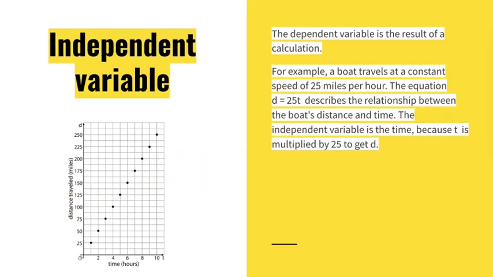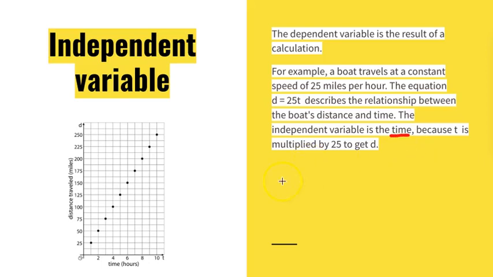And then remember, an independent variable is the thing that is going to change, but it's the thing that's going to make everything else happen. So in this situation, time is our independent variable because time doesn't care.